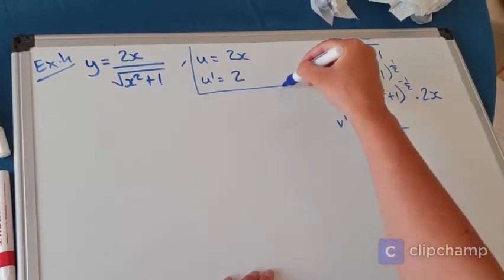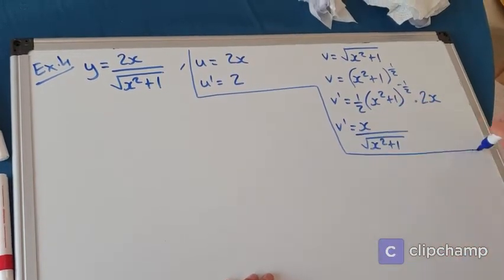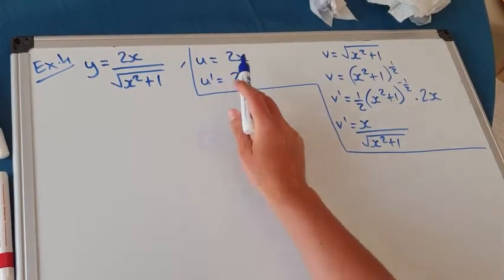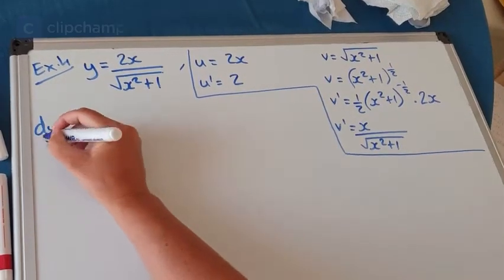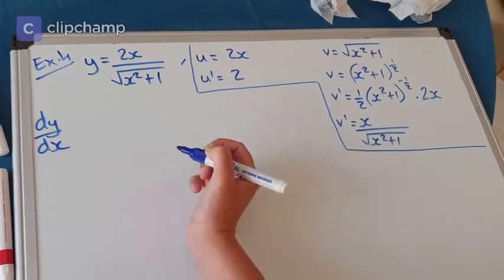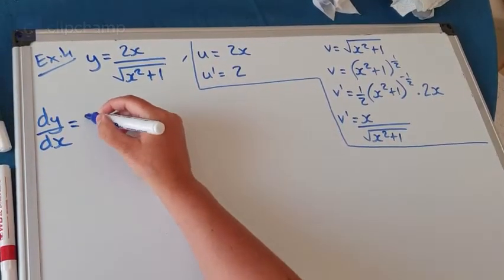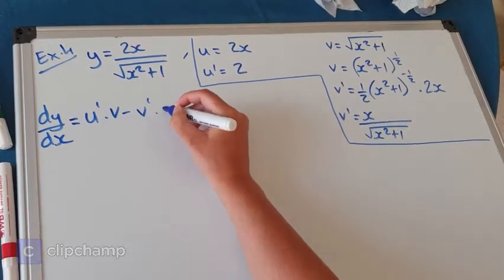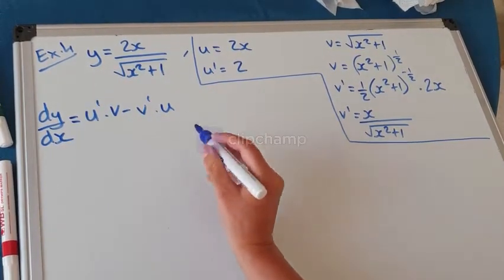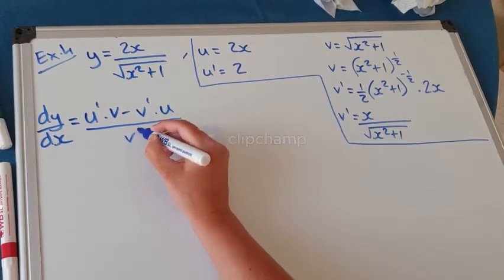Right, so I've got my u, my v, my u dash and my v dash. So I can go to my formula to get dy by dx. My quotient rule is u dash times v minus v dash times u, all divided by v squared.